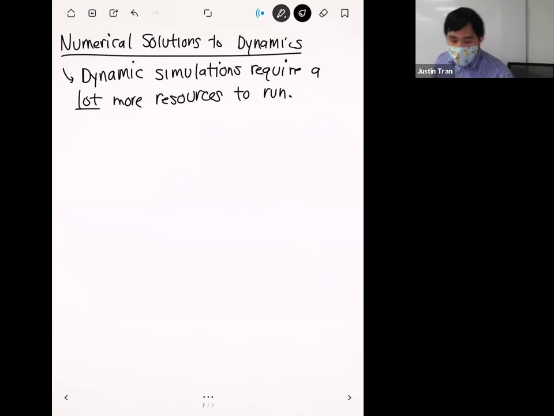Okay? And the main reason for that is, think about the difference between a still image, let's say that you take a picture on your phone, versus if you take a video, right? If you take a still image, your computer just has to store a single image, and that captures the whole thing. Okay? And so this is basically the same as a static situation. Because a static situation doesn't change with time, just taking a single snapshot is enough to capture all of the information.